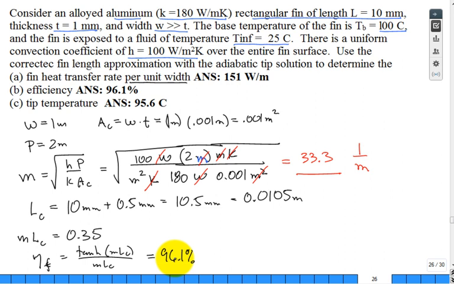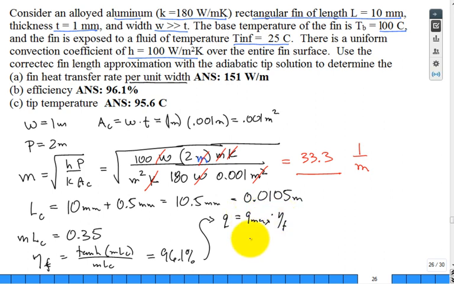Notice a lot of times these fin efficiencies are pretty high. Every now and then you get a fin efficiency that's low, but most times it's pretty high. This is pretty high. It can't be greater than 1, can it? No, never will be. Okay, so now we go to our equation and we say, what is Q? It's equal to Q max times the fin efficiency.